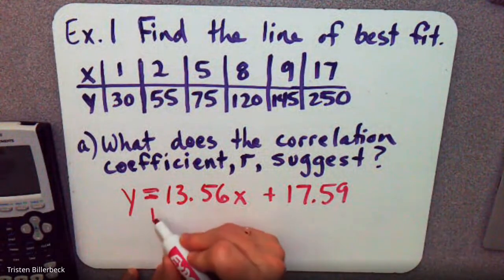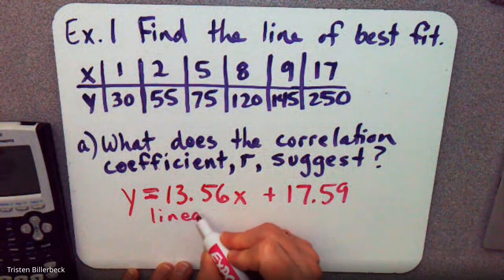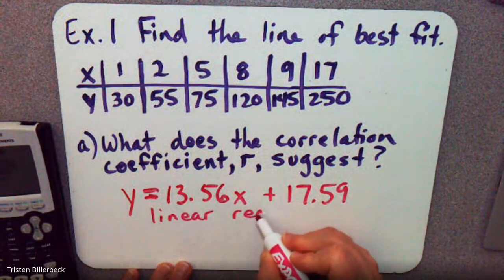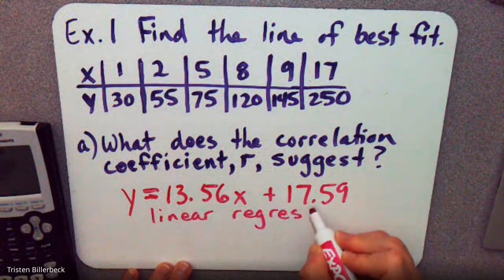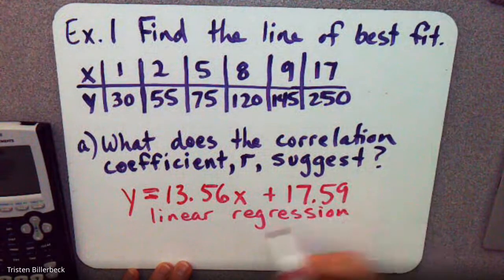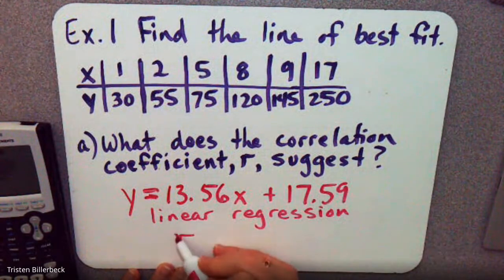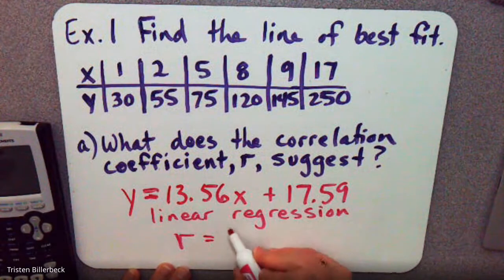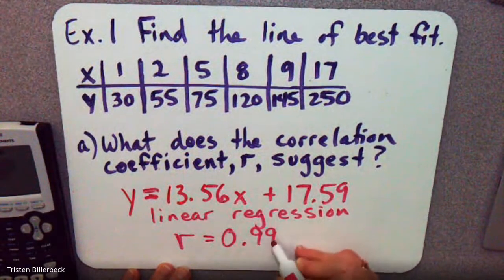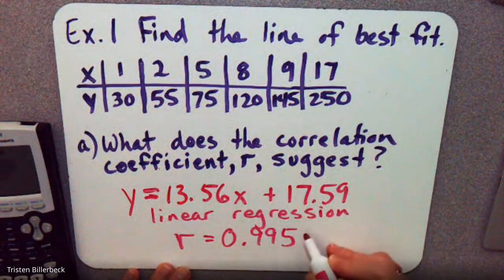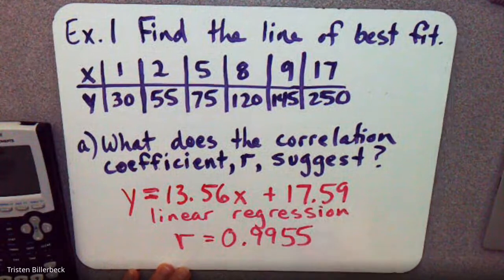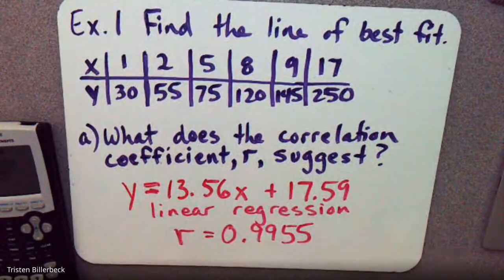So this is a linear regression of the data. And the calculator gave us an R for this linear regression of 0.9955. So that is so close to 1.